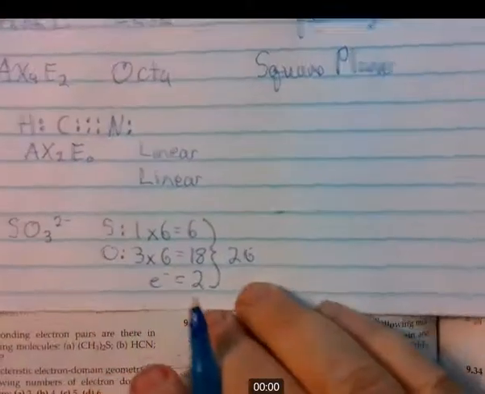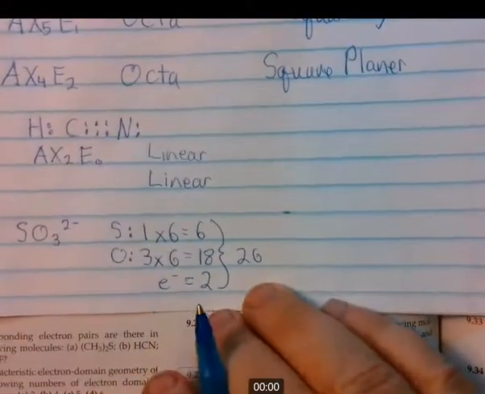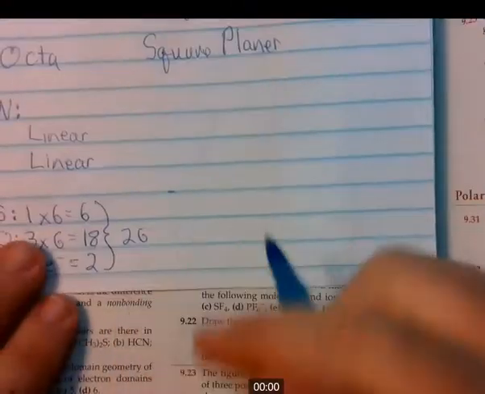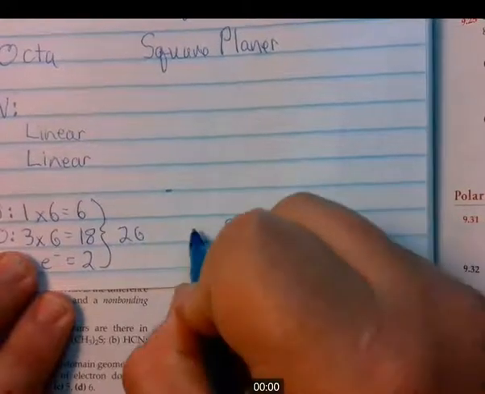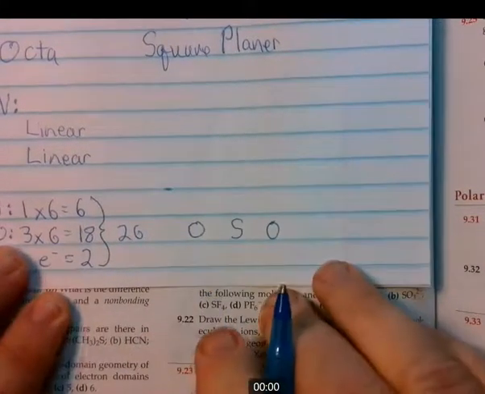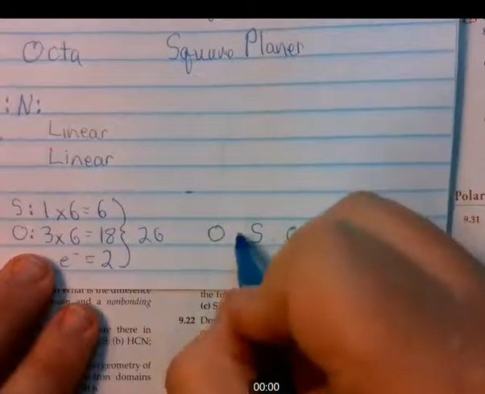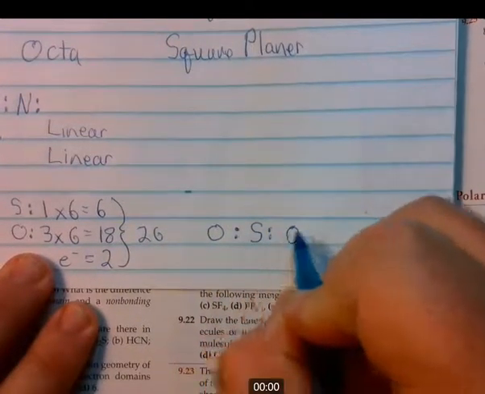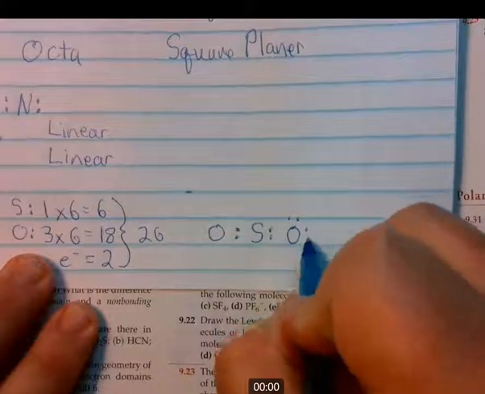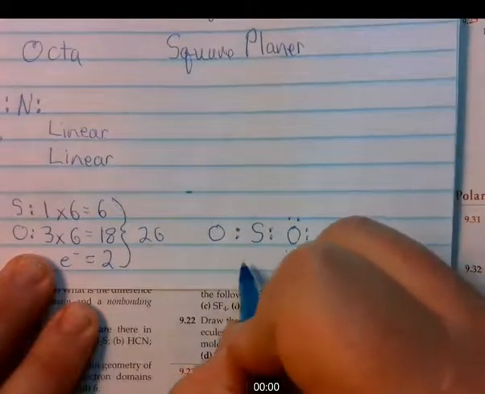Okay. And sulfur is going to be less electronegative than oxygen. We're going to stick that in the middle. And since we don't know any better, we're just going to assume it's linear. Just make it a nice symmetrical shape. And we need to fill in 26. So there's 2 there, there's 2 there. And then we're going to fill in octets around everything here.